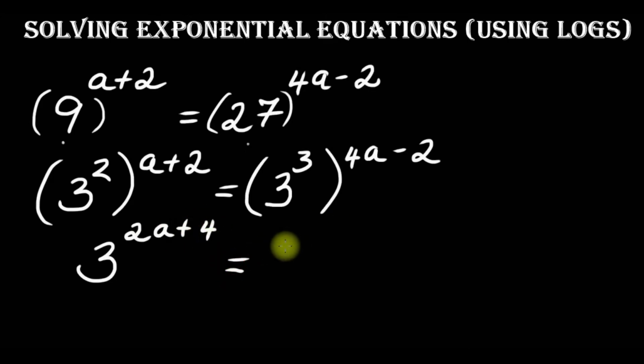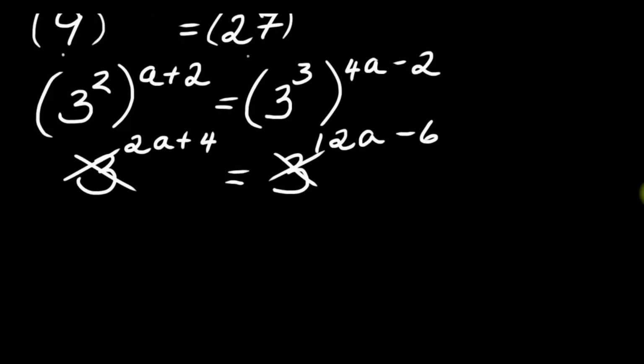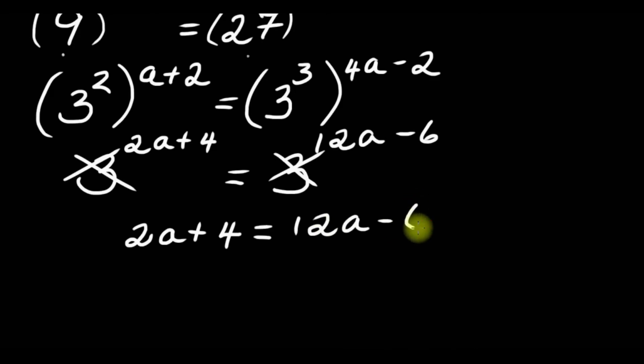And then over here I have 3 to the 12a minus 6. And then I can cross out the bases and set the exponents equal to each other. So I have 2a plus 4 is 12a minus 6.